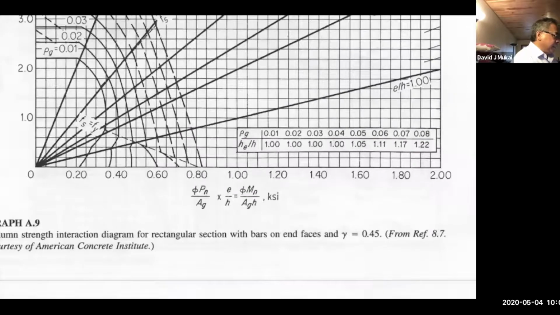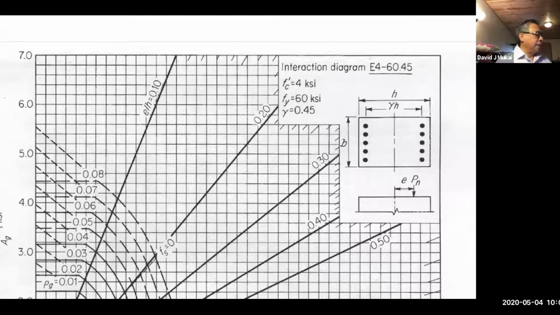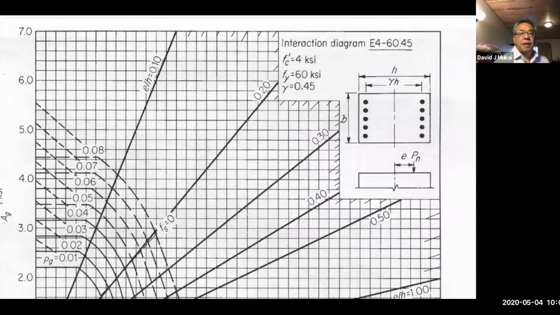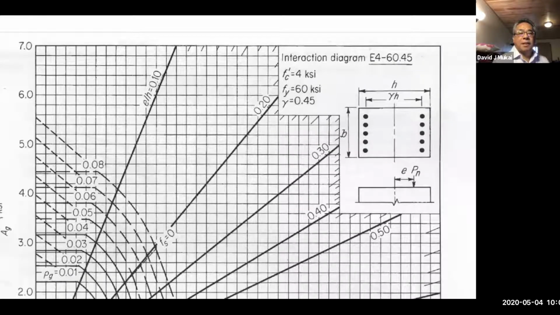And so they come from different books. So this one here is for a specific combination of f'c and fy, and there's the gamma, and the key difference in these graphs is the gamma, and gamma is the ratio of the distance between the steel.